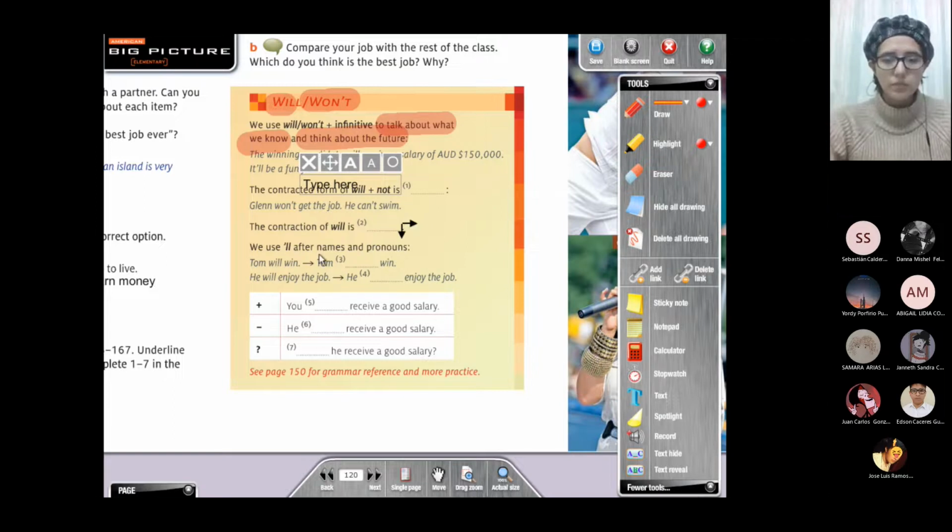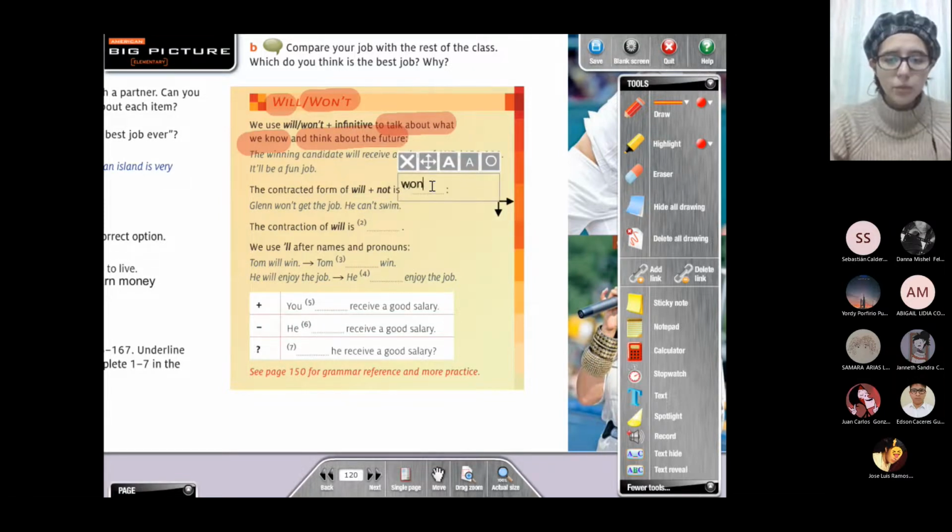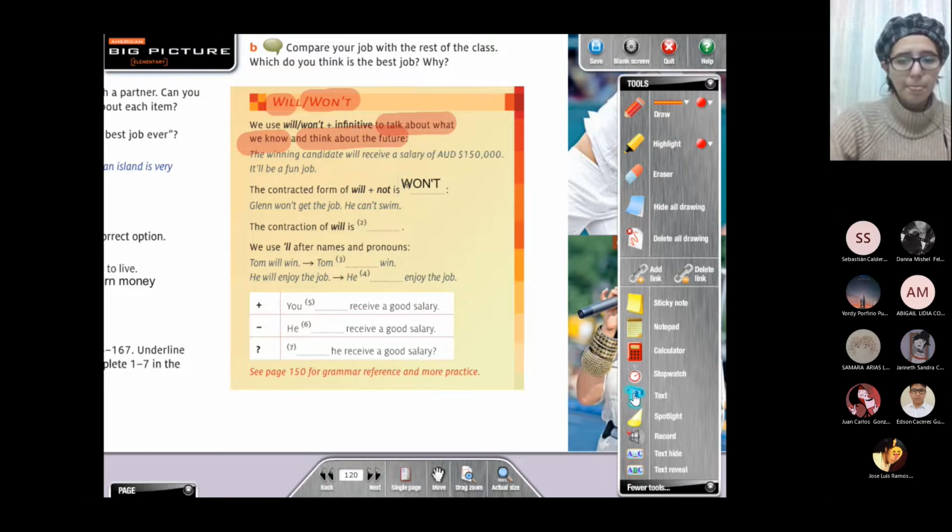That's what we know. Well, I cannot make it bigger, but anyway, I'm going to move this. Yes, so there you have the negative. We're going to say won't. The contraction of will, how will be the contraction of will? This question goes for you, Samara. How can we make will shorter?